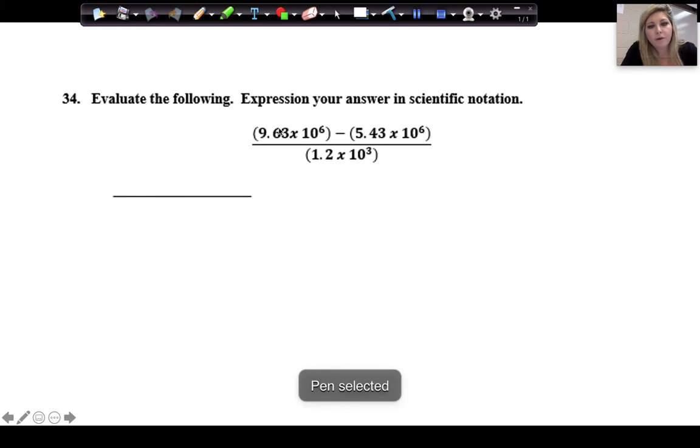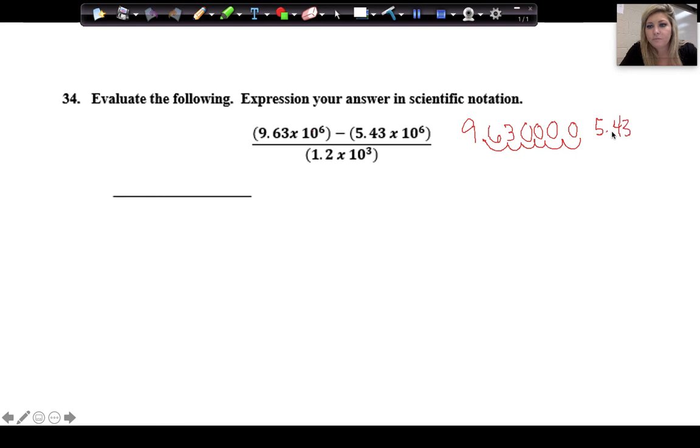Evaluate the following. Okay, so we need to change these to standard form first. This is 10 to the 6th power, so 1, 2, 3, 4, 5, 6. Put zeros in our buckets, okay? And then we've got 1, 2, 3, 4, 5, 6.